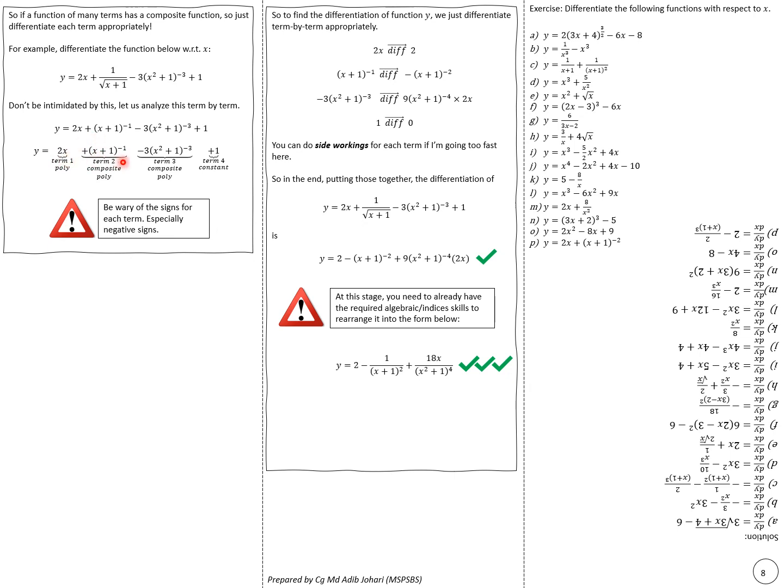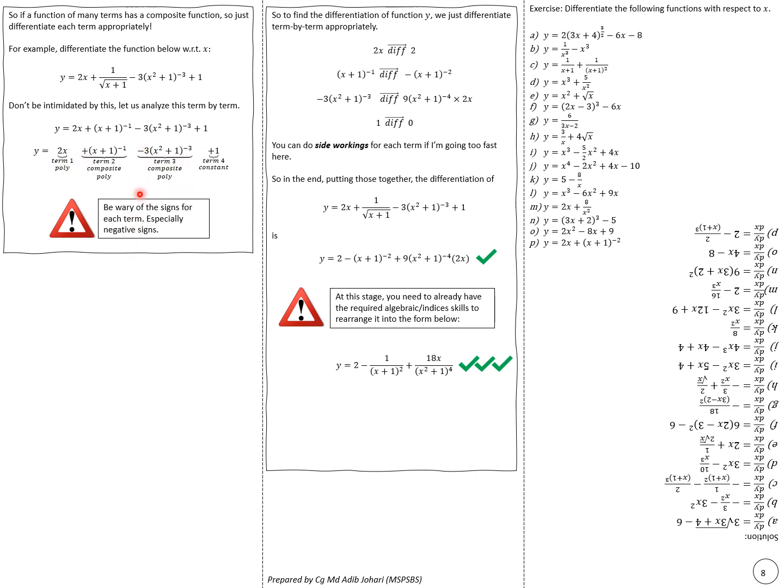If you look at term 2, x plus 1 to the power of minus 1. So this is a composite function. And then the third term is also a composite function. And then finally, the fourth term is just constant one. So be wary of the signs. Each term has its own sign, so you have to include the sign.